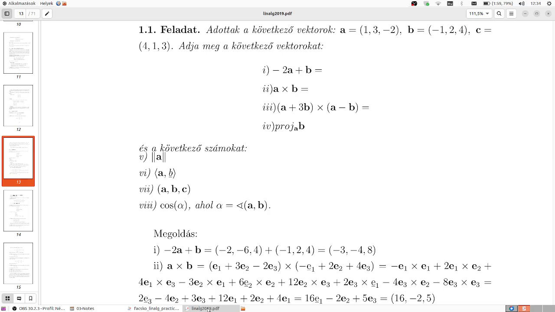So how do you calculate the scalar product? Multiply each component with each other, and then add. I mean, make the sum.